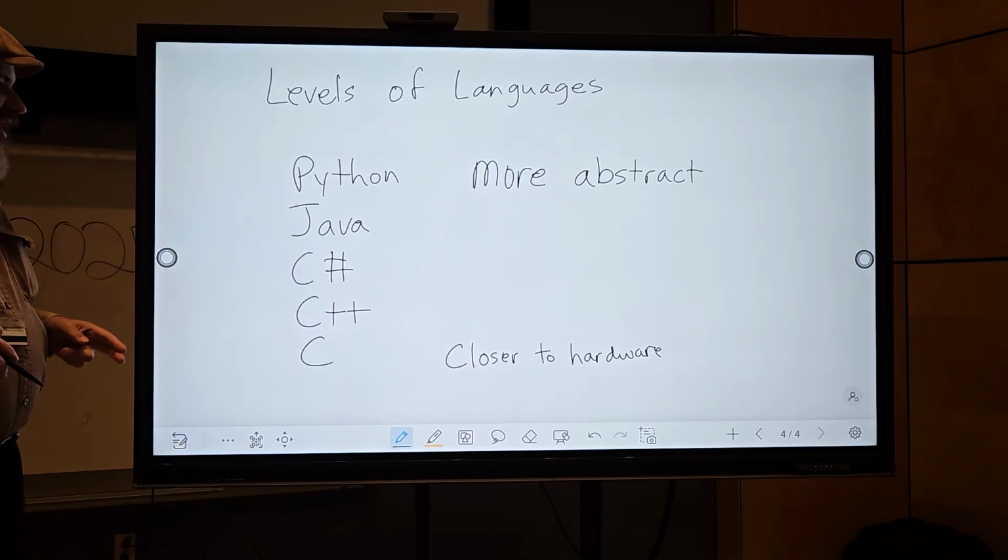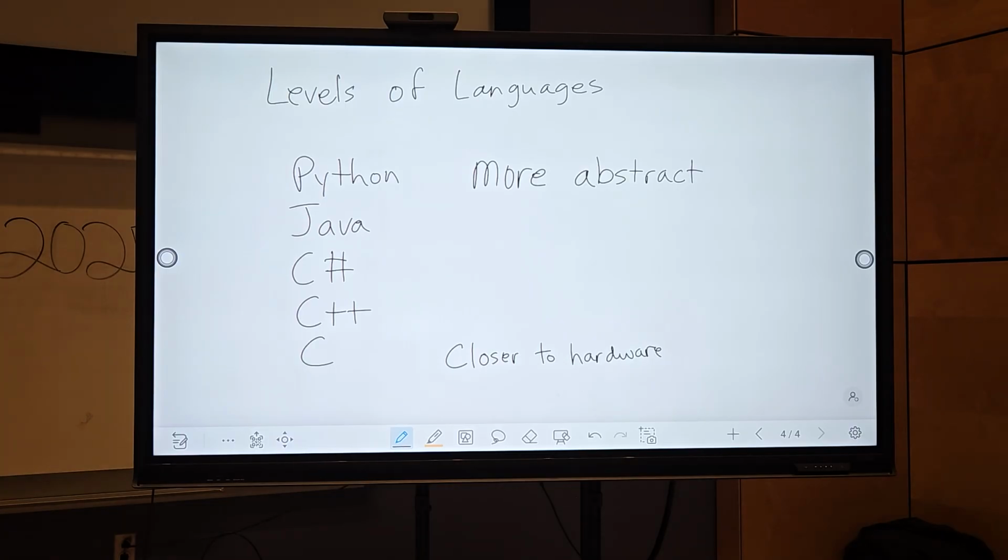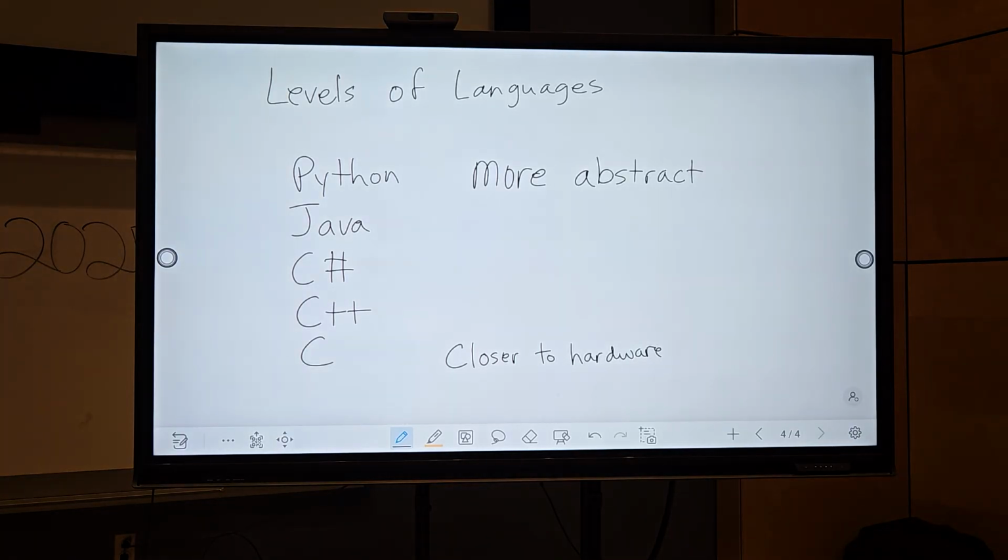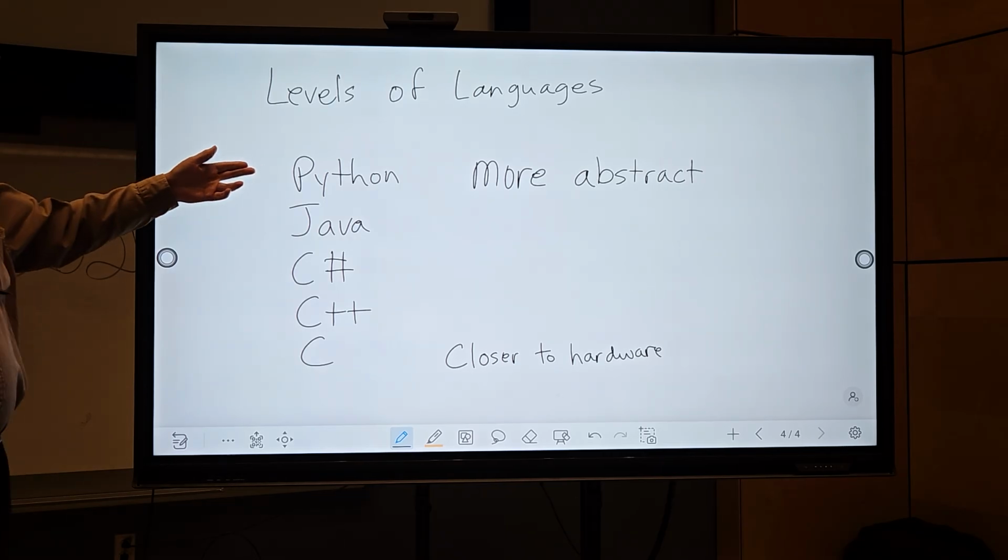Python is loosely typed, meaning you don't have to tell the program at the beginning what type a particular variable is going to hold. It figures that out when it's run. Some people find it easier to use because of that.